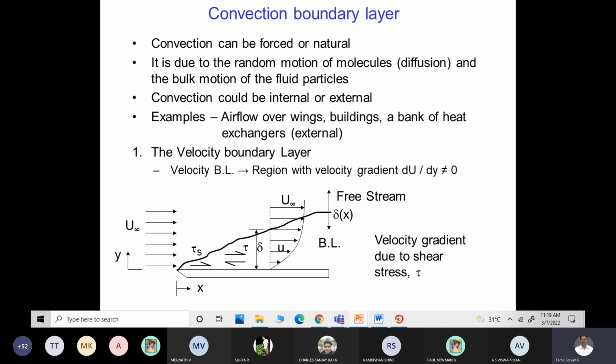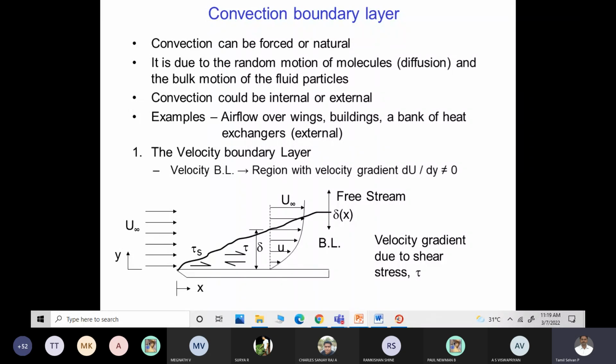And similarly energy thickness. When we talk about energy thickness, usually it is the distance measured again perpendicular to the boundary of the solid body, by which the boundary should be displaced to compensate for the reduction in kinetic energy. We know that the kinetic energy of the fluid is half m u squared, where u is the velocity and m is the mass of air.